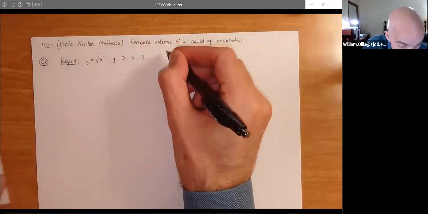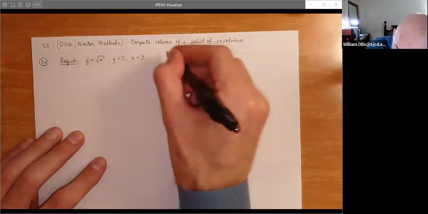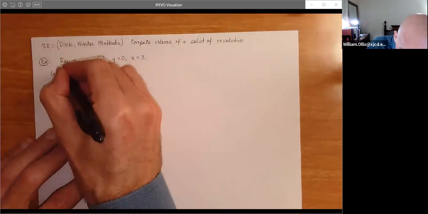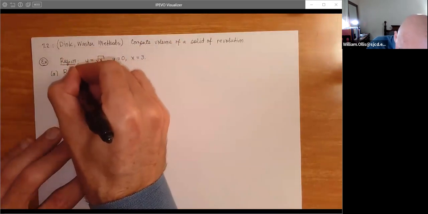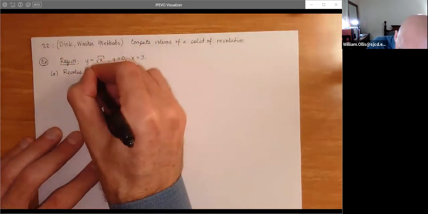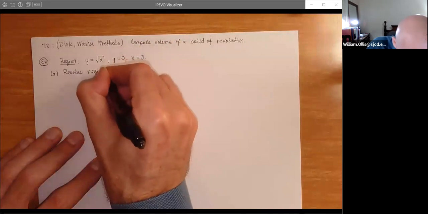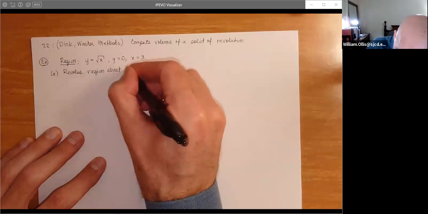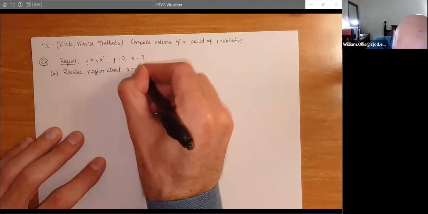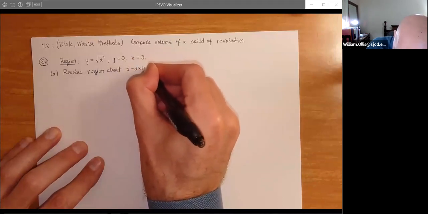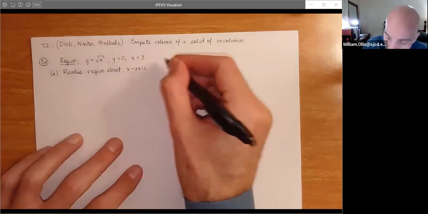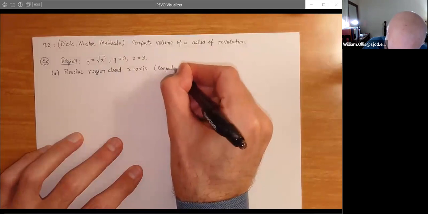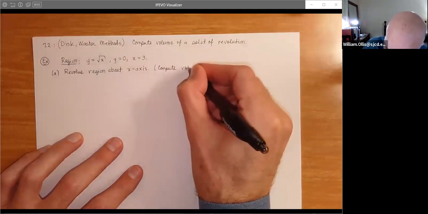And for the first problem, we'll just call this A. We want to revolve the region about the x-axis. And then, of course, just like I've written here, we want to compute the volume of the solid.